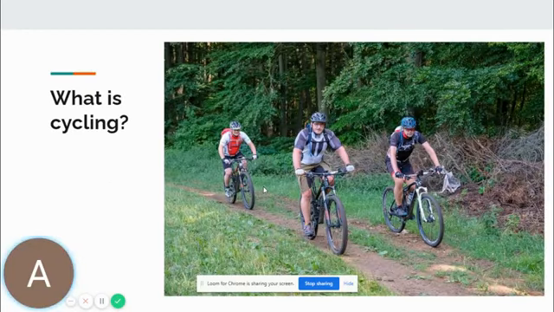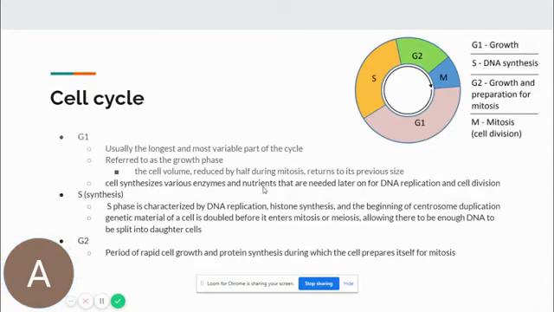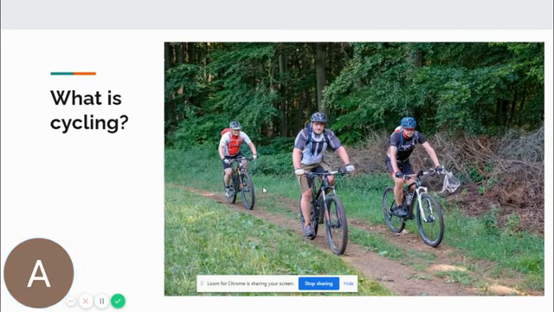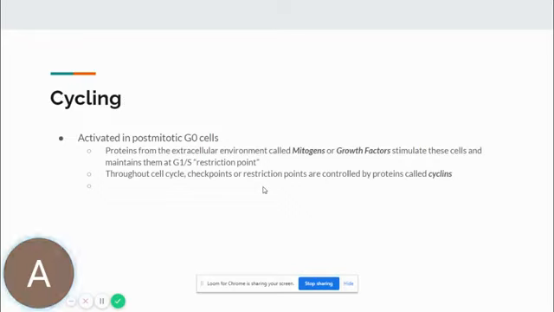So what is cycling? So di ba alam natin, G1, synthesis, G2, mitosis, and then you have G0 for post-mitotic cells which differentiate and specialize. So what is cycling? No, cycling is activated, like I said earlier, in post-mitotic G0 cells. So these are facilitated by proteins from the extracellular environment called mitogens or growth factors.